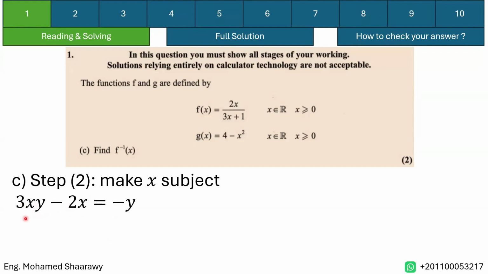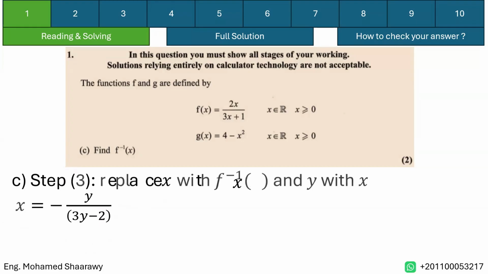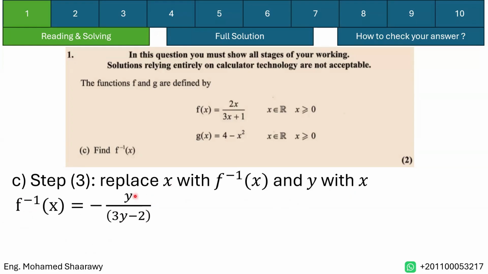Now I can take x as a common factor, and divide both sides by 3y minus 2. I can now do the third and last step, which is replacing the x with f inverse and the y with x. And actually that's my answer, and that's my domain.